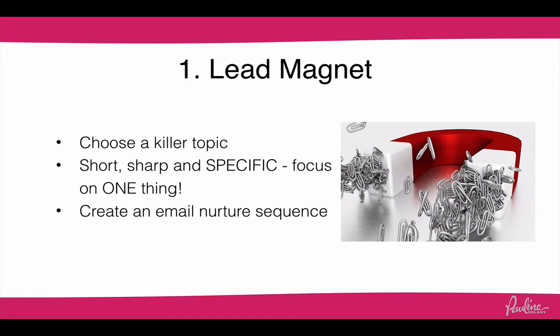And then they will go into an automated email nurture sequence that you will set up in your CRM or customer relationship management system, so that once they register for this lead magnet, that automatically triggers a series of emails.